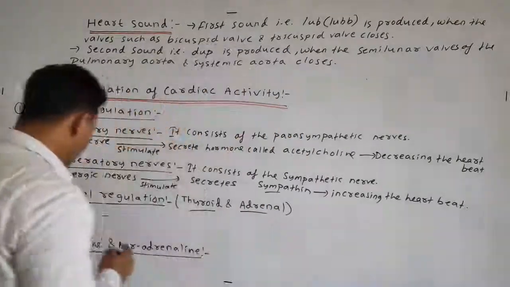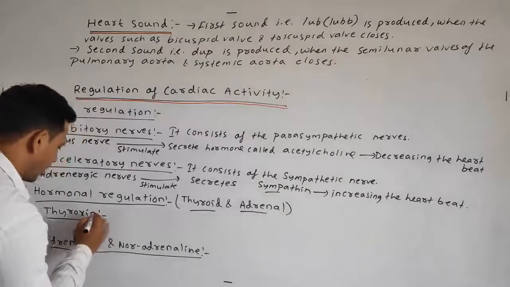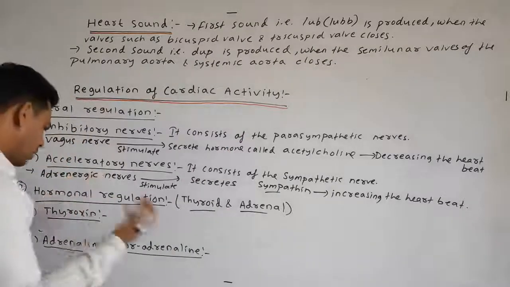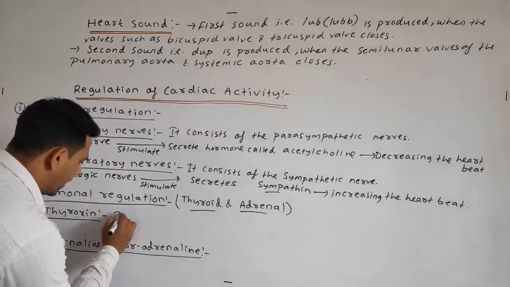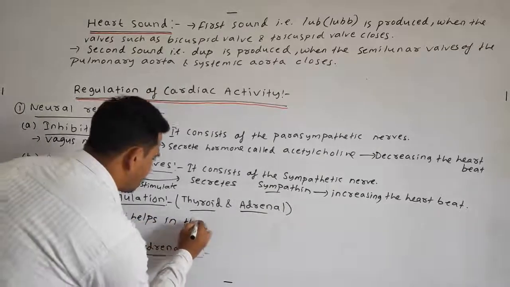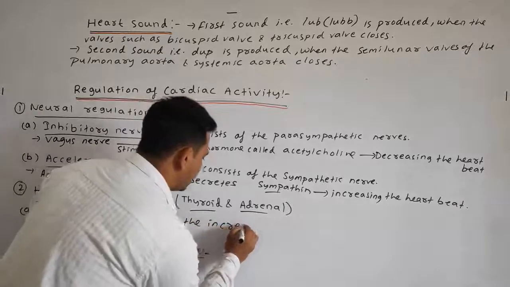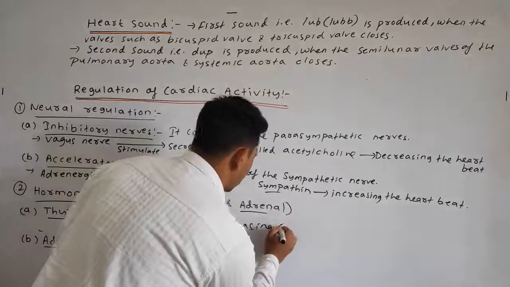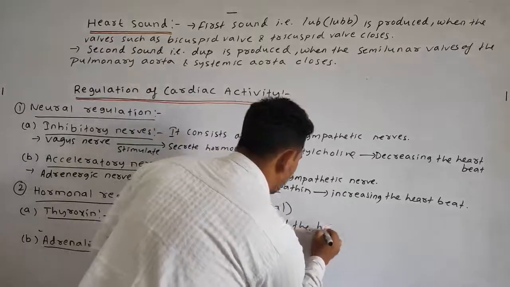So we can write the thyroid hormone, or simply thyroxine. It helps in increasing the heartbeat.